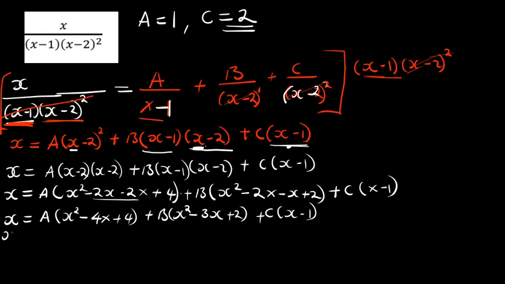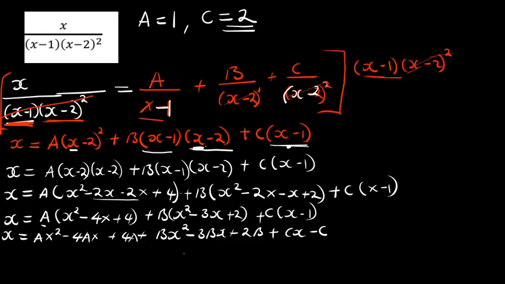So I will expand a times, it will be ax squared minus 4ax plus 4a plus bx squared minus 3bx plus 2b plus cx minus c.